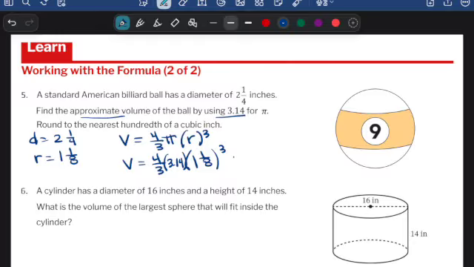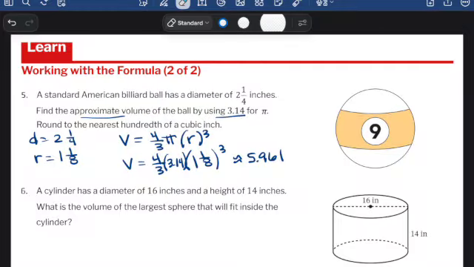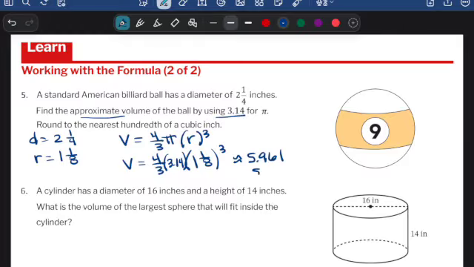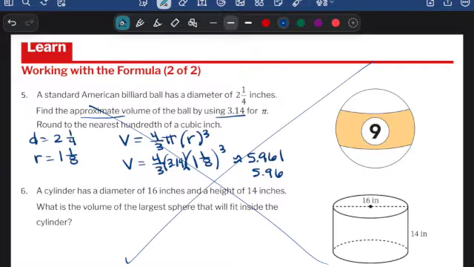And doing that calculation using our scientific calculators, our approximate volume, 5.961. If we go 3 decimals, the decimal keeps going, but we can round it to the thousandths. Oh, it does say round to the hundredths. So if we round to the hundredths, then we would say 5.96. Okay, that was not good. Let's do this one again.